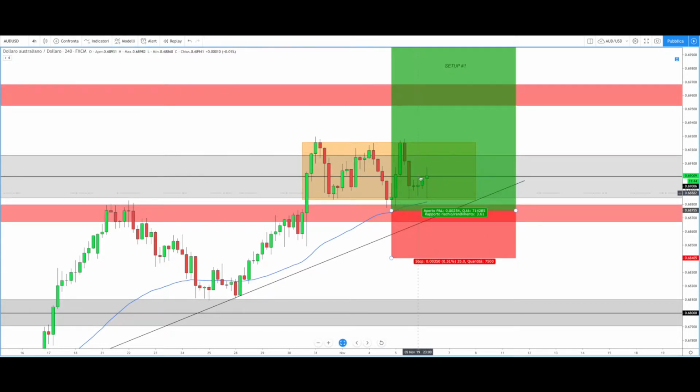But for now, guys, I will personally watch the price action carefully, to understand if the price will find the strength to go higher or will search for another correction before the next bullish phase.